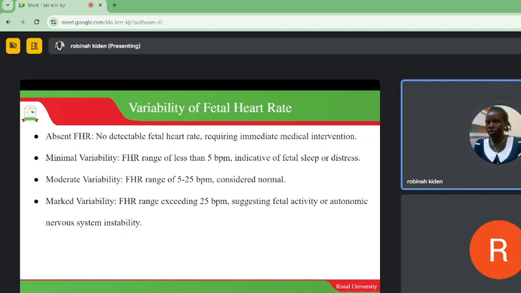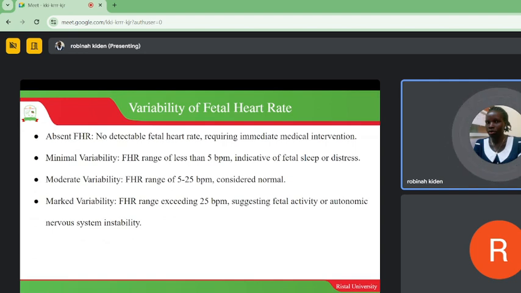Then moderate, for instance, the variability is now 5 to 25. This is also considered normal. It could be because of something that has stressed the fetus, but it can be reversed.